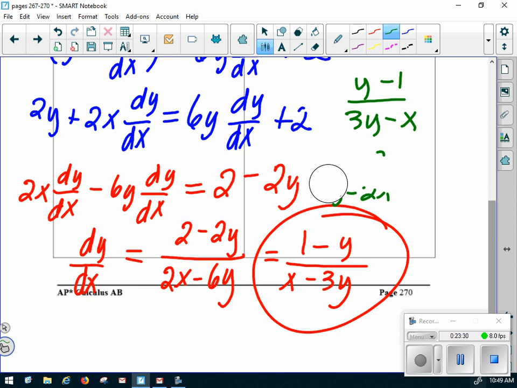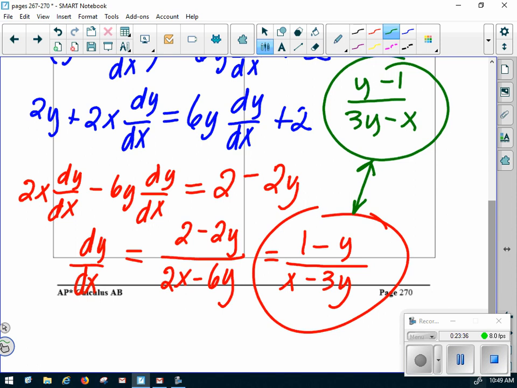Here's my question to you. Why are those answers the same? What do you mean the sign is just in a different place? True.